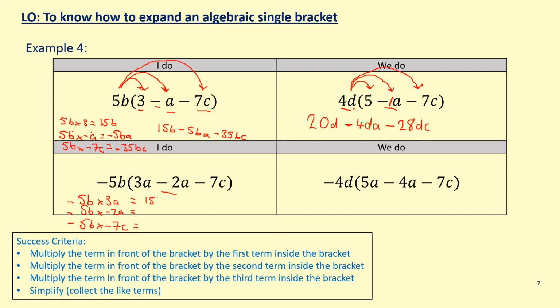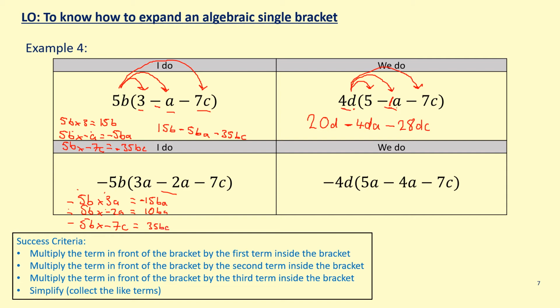B times A is just BA, and a negative times a positive gives a negative. 5 times 2 is 10. BA, so we get BA, and then a negative times a negative is a positive, so that is 10BA, positive 10BA. And then we have 5 times 7 is 35. B times C is just BC.